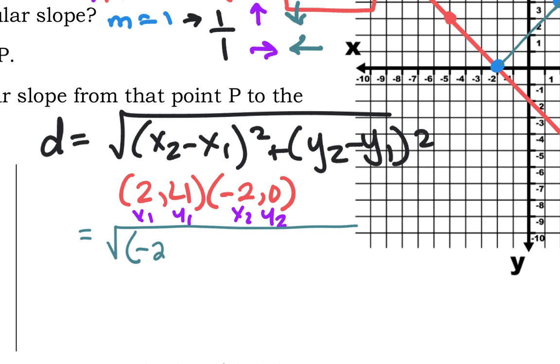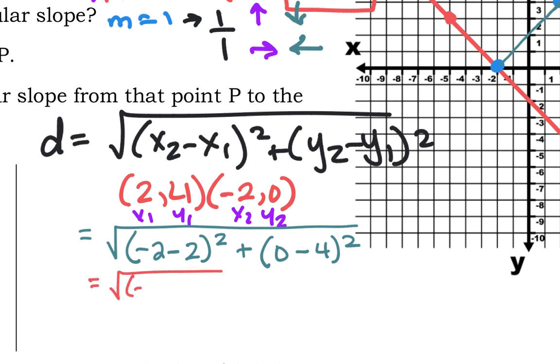Negative 2 minus 2, close it, squared, plus, what's your y2? 0 minus 4 squared. All right, this was back in chapter 1. Right, it's been a while. What's negative 2 minus 2? Negative 4. What is 0 minus 4?